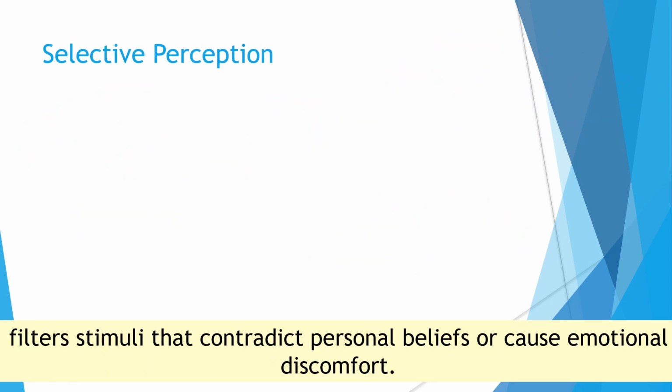Now let's talk about selective perception. For example, people who think they are drinking an alcoholic beverage feel intoxicated even if the beverage is non-alcoholic. This is selective perception.